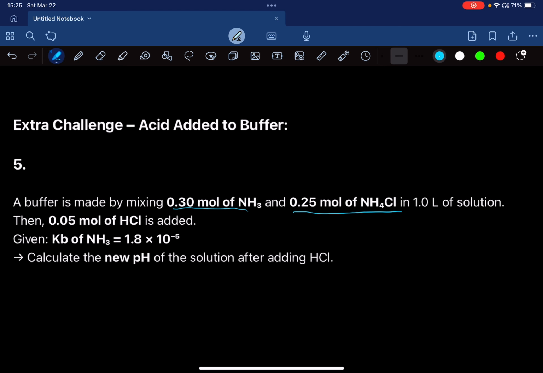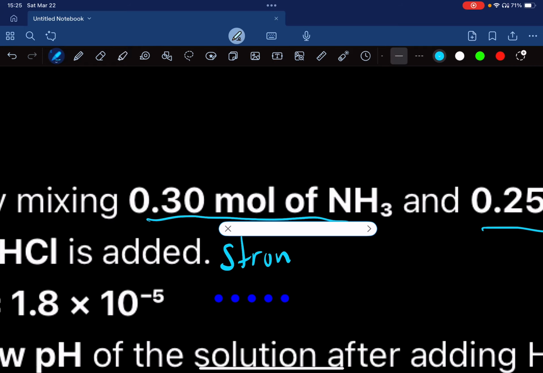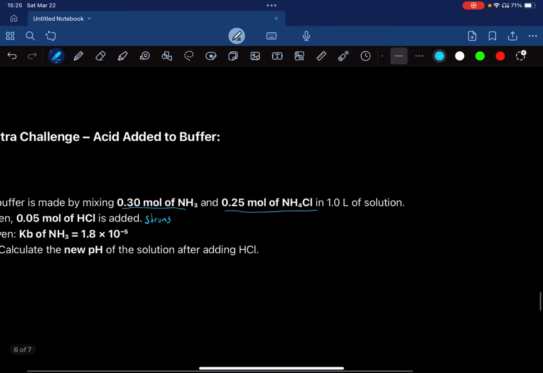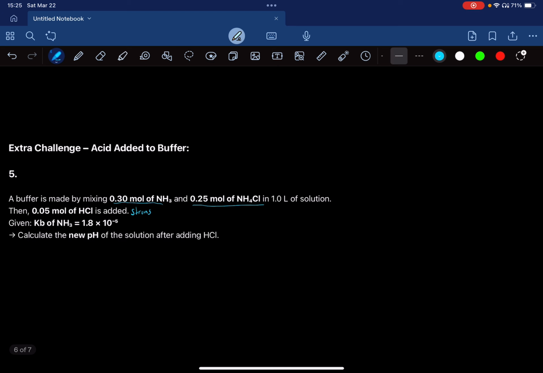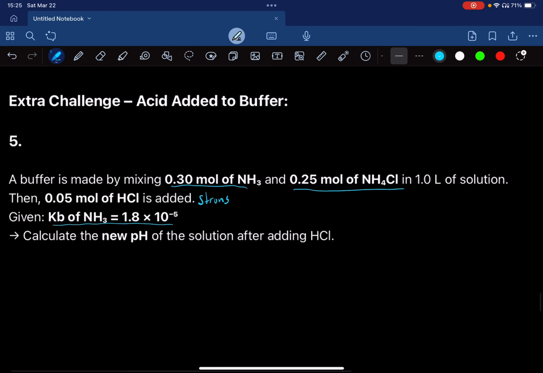A buffer is made by mixing 0.3 moles of NH3 and 0.25 moles of NH4Cl in a 1 liter solution. Then 0.05 moles of HCl, which is a strong acid, is added. Given the Kb, calculate the new pH of the solution after adding HCl.